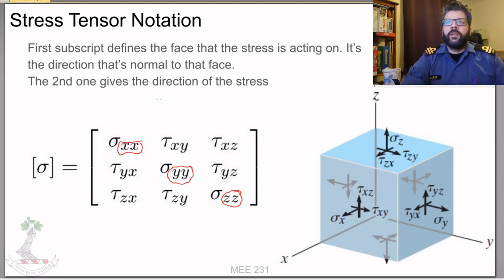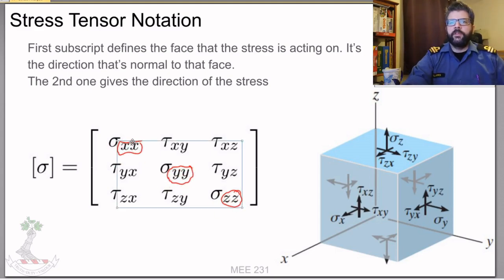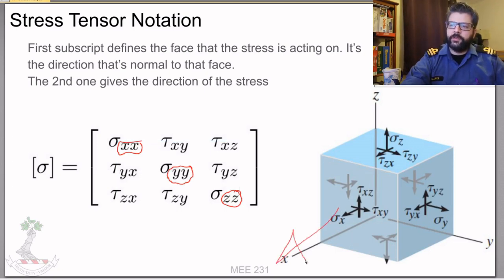So the way those subscripts work is that the first one defines the face that the stress is acting upon. So if we're trying to find sigma xx, the first one here defines the face it's acting upon, the face that is pointed towards the x direction.